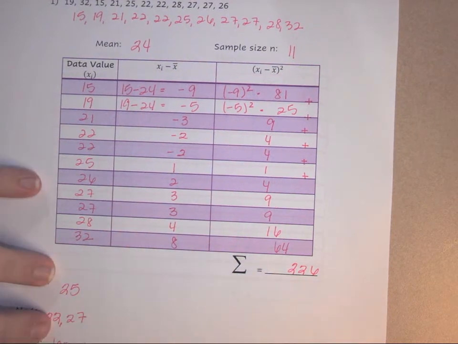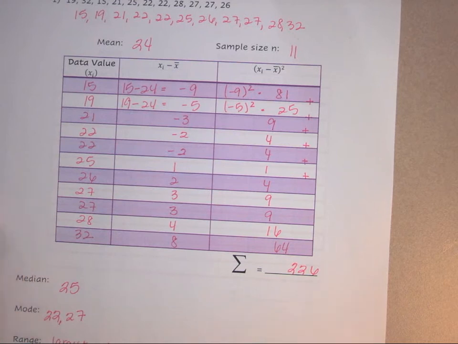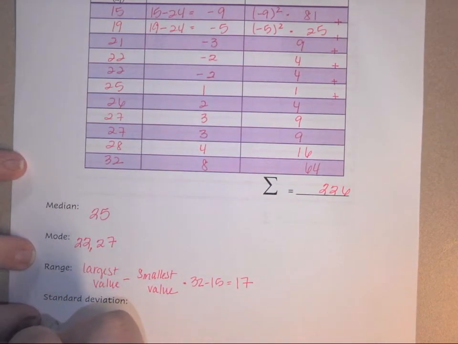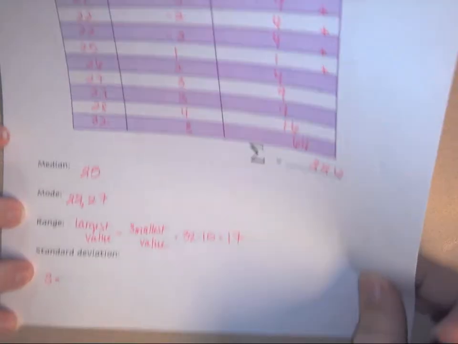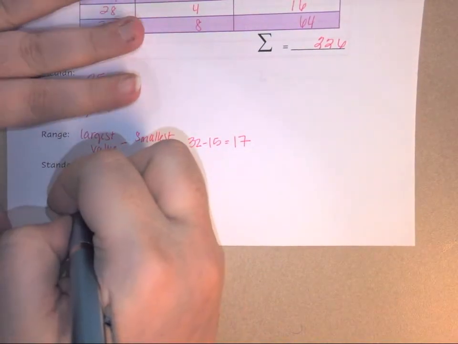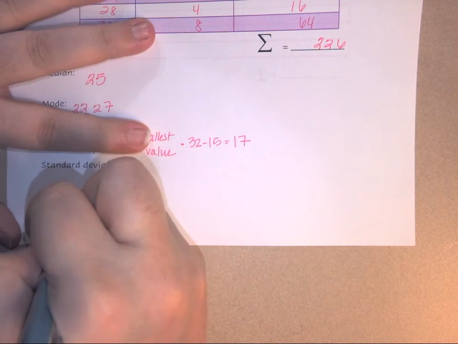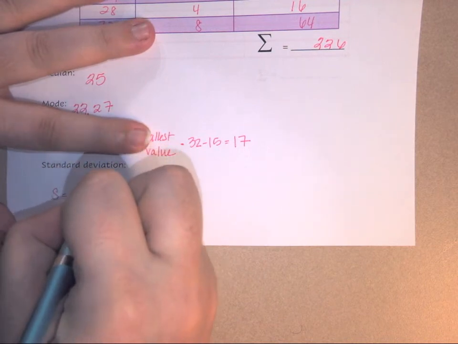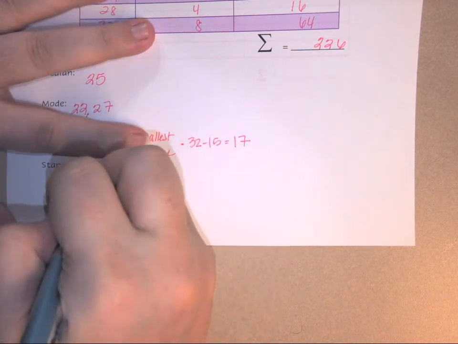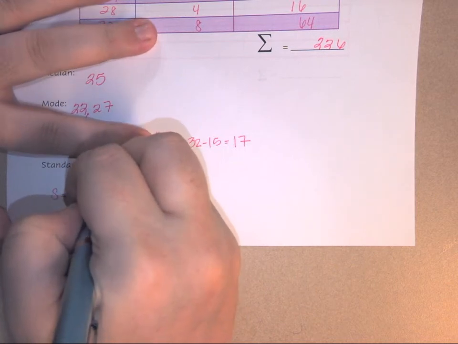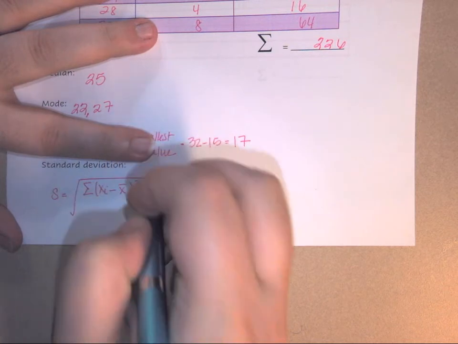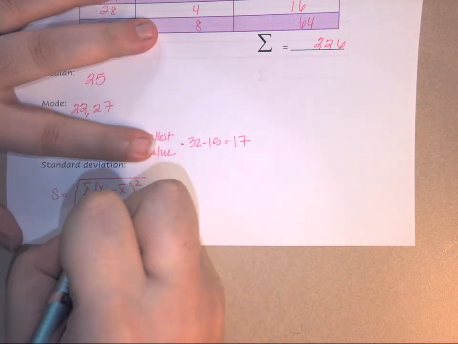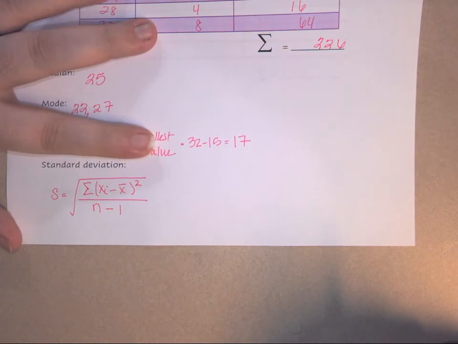Now once we get to that, the fun stuff begins. For my standard deviation, we are using samples. So for a sample, you are going to take the square root of the sum of my data point minus the mean, squared, and divide that by your number of samples minus 1.